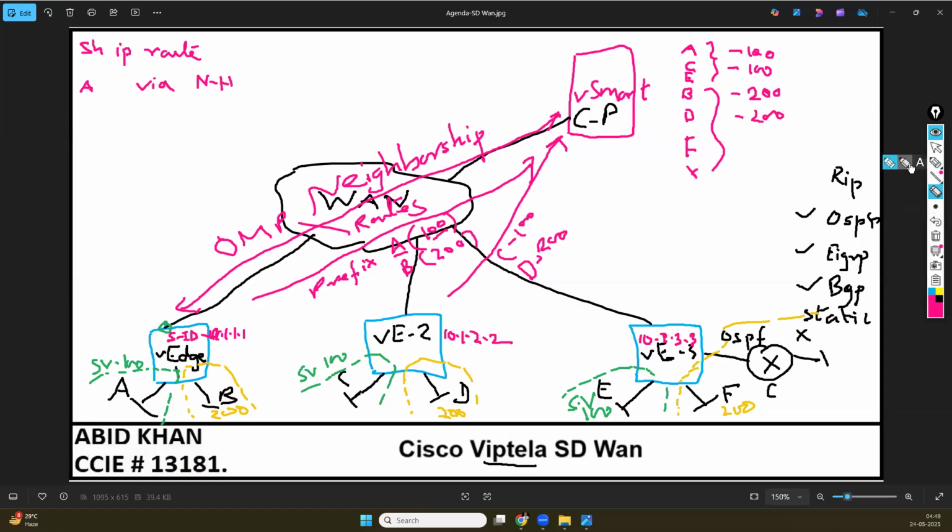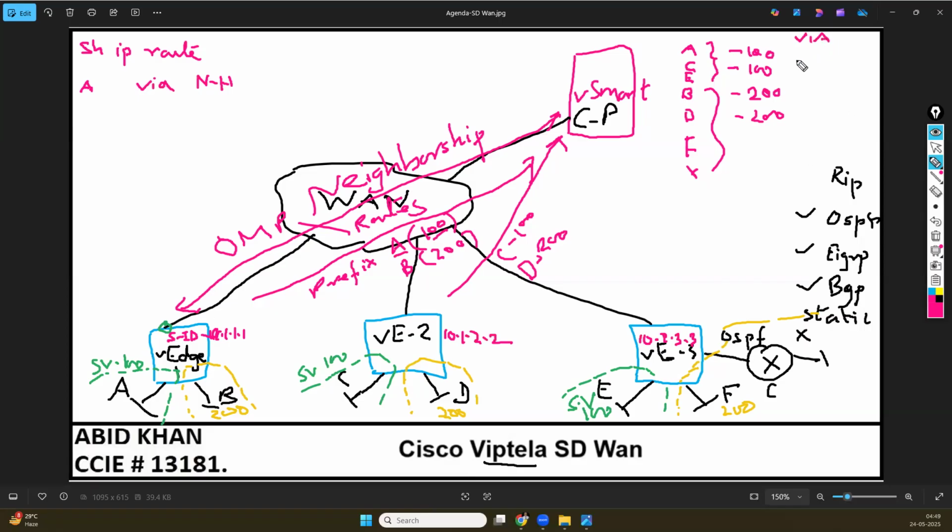When WAN edge 1 is advertising its prefixes A and B along with the route information and the service VPN information, it also has to send the next hop.